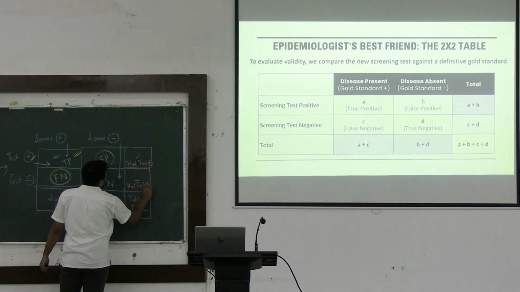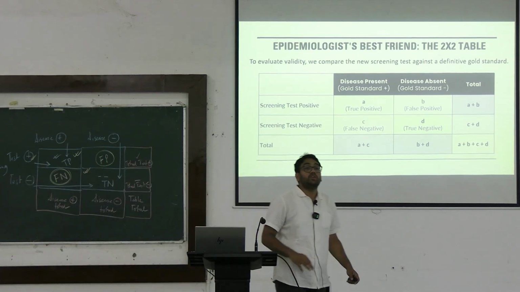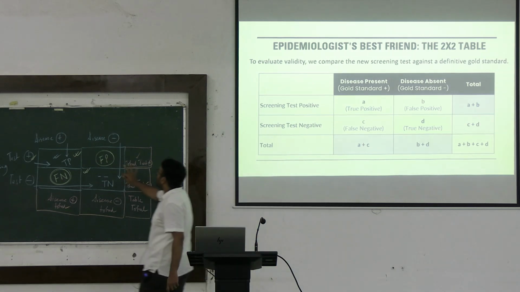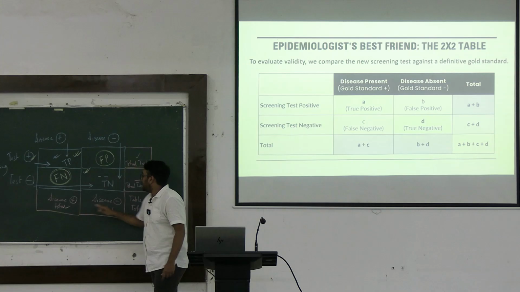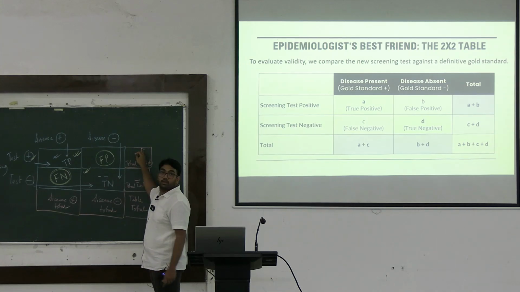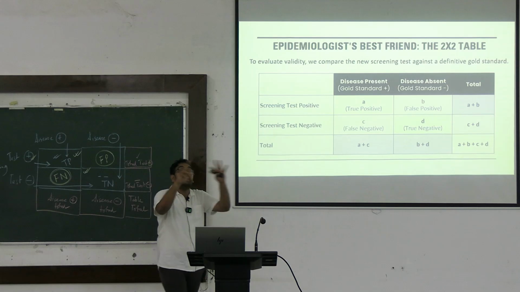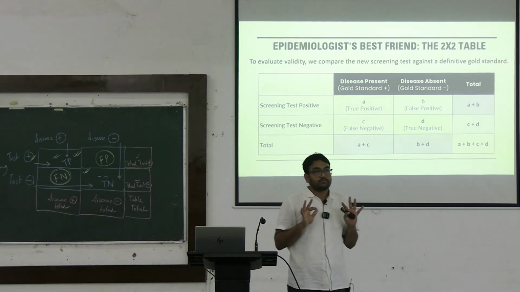When you are given a problem sum, you will not be given all of the inside squares. These will not all be given. You will be given these things and either of these. You have to find out the others and complete the table first.